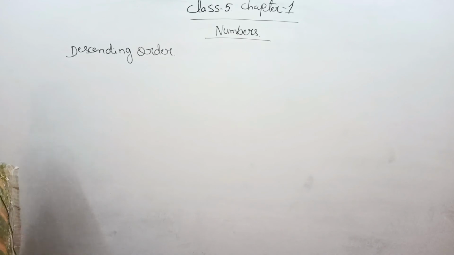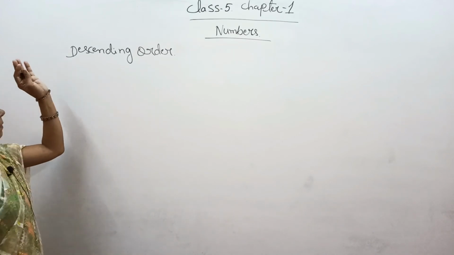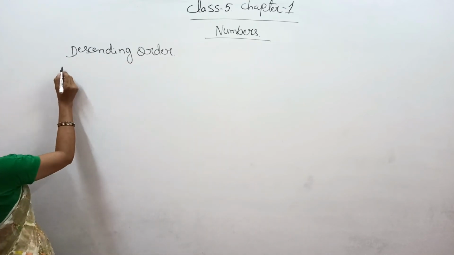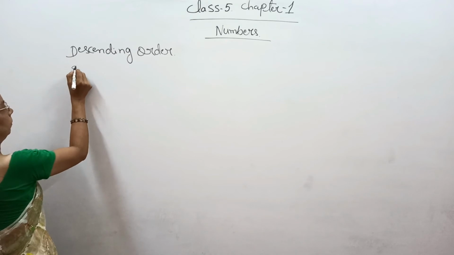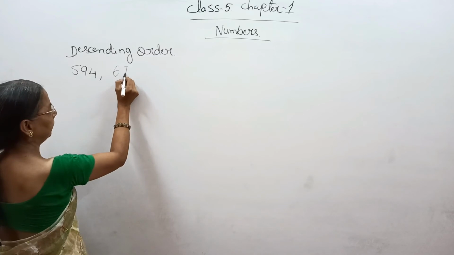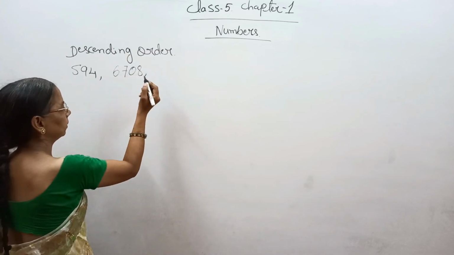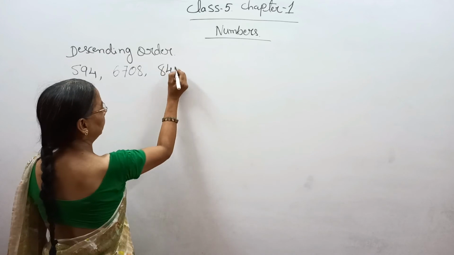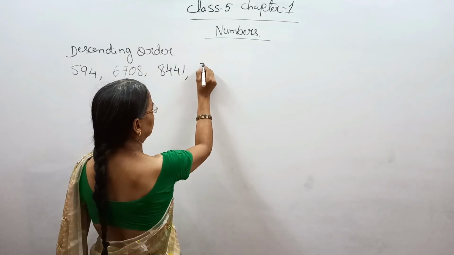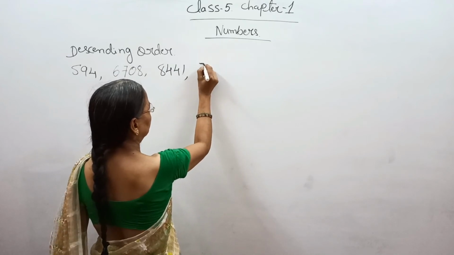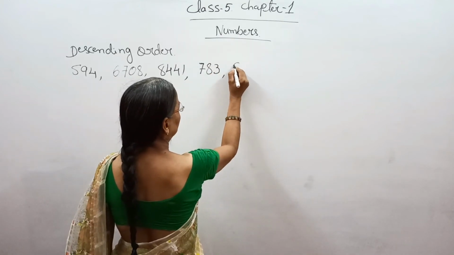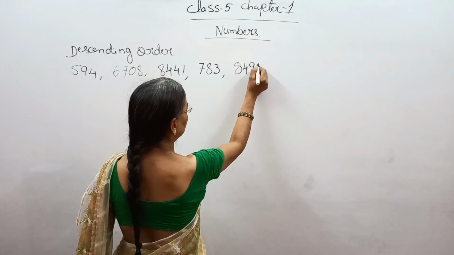In this, we have to go from upward to downwards. That is bigger to smaller. For example, 594, 6,708, 8,441, 783, 8,494.